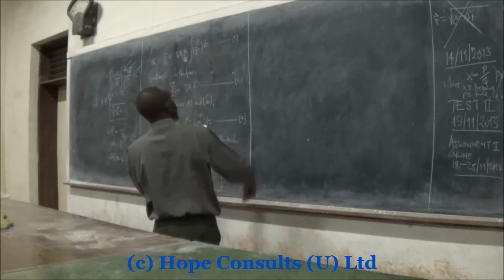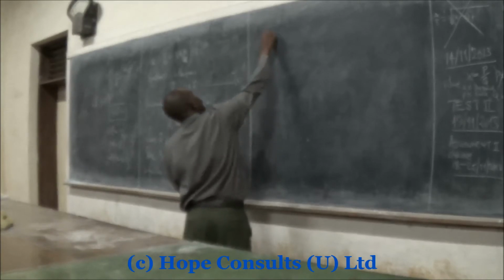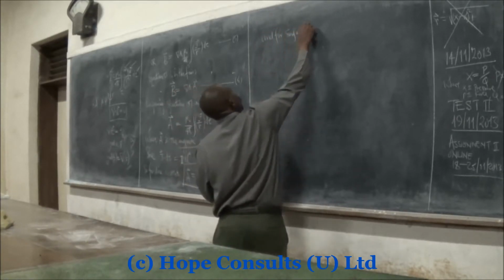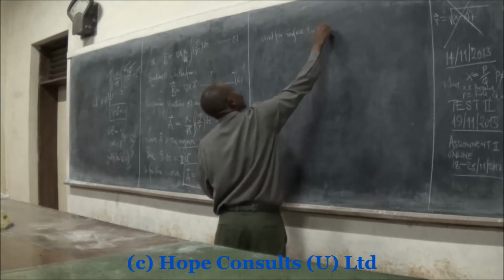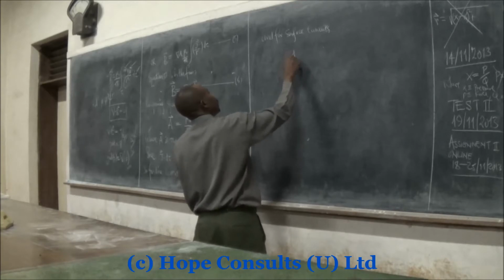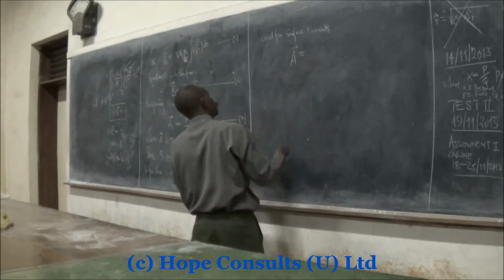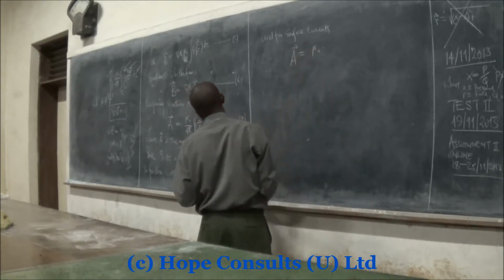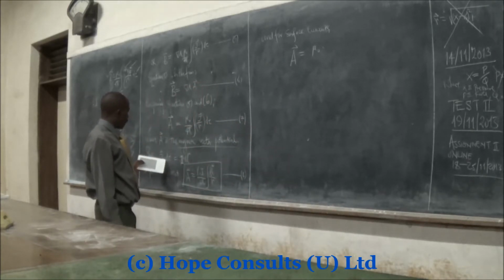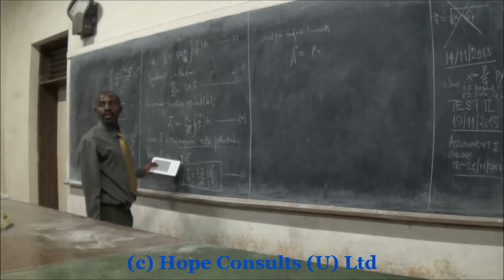And for surface currents, then we would have that our A is equal to mu naught. Of course, our J d tau will be the same as J dot ds.